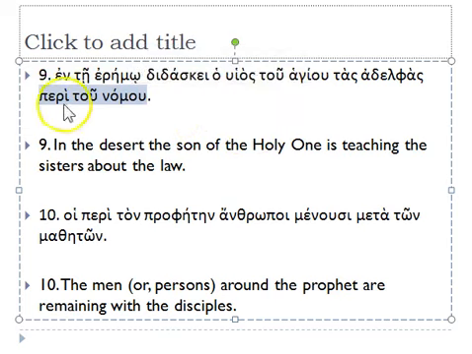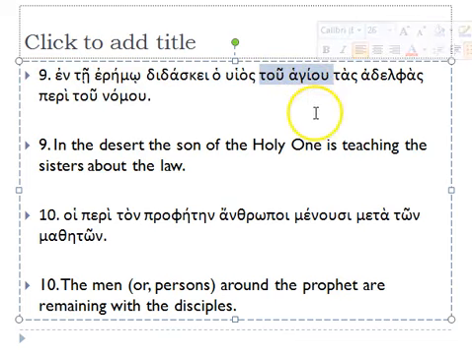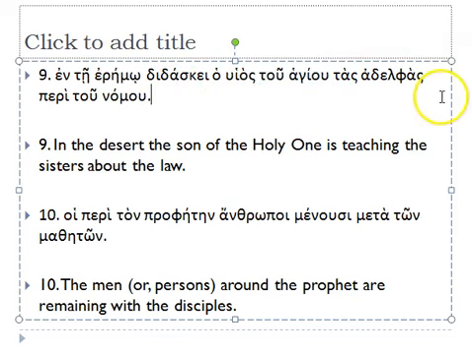So that's kind of a parenthesis, peri followed by the genitive, concerning the law. Tu hagiu here shows us an adjective being used substantively, of the Holy One. So the Son of the Holy One is teaching tas adelphas, accusative, direct object, the sisters about the law.